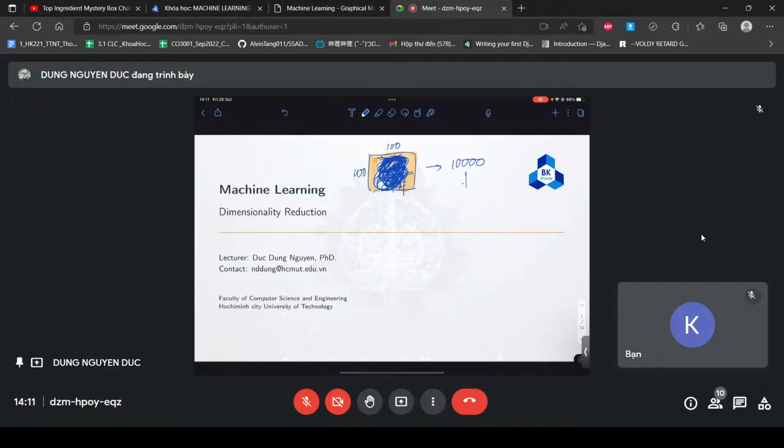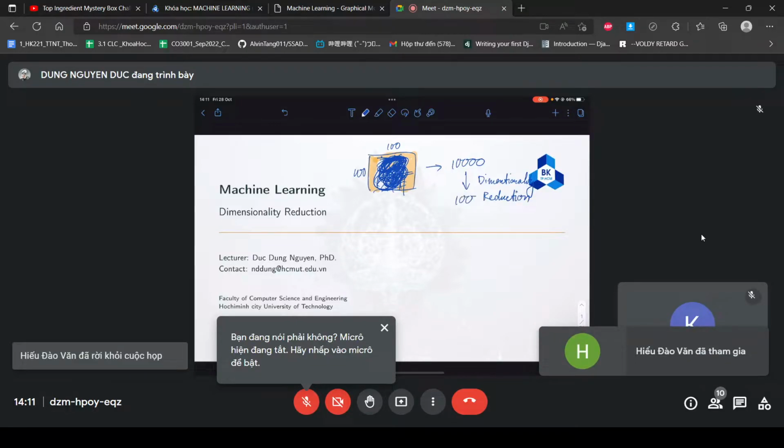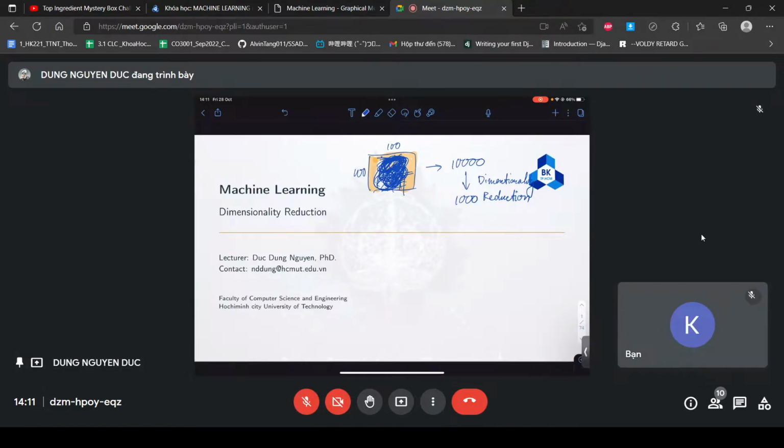But if you perform some sort of dimensionality reduction, you may reduce your input to just 1,000 samples. And then you can also do the same classification task with no problems.